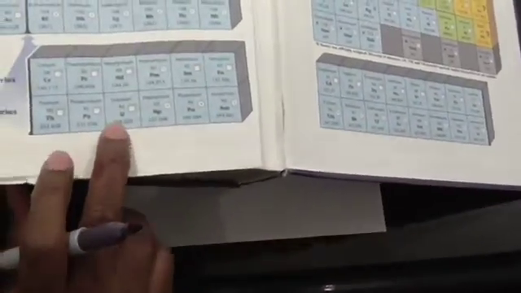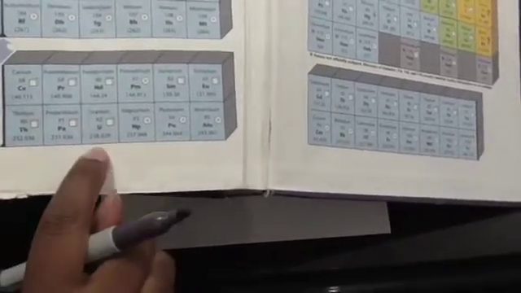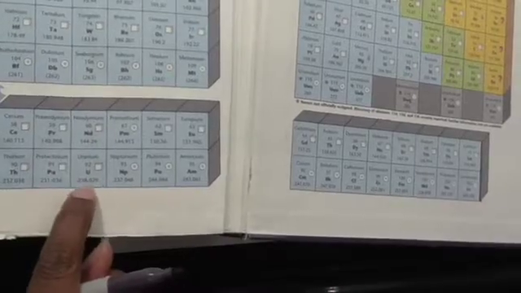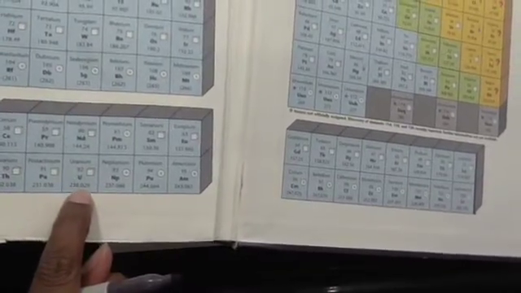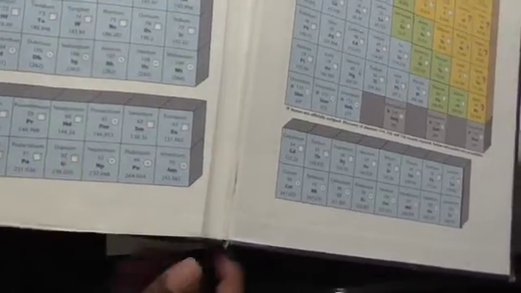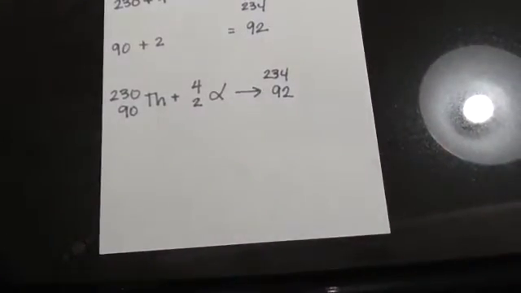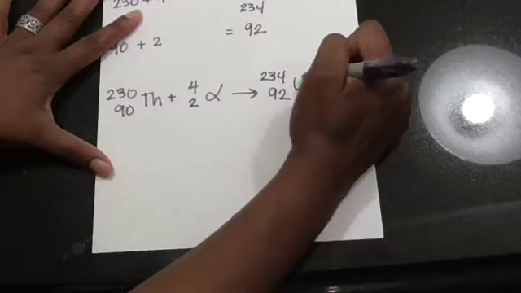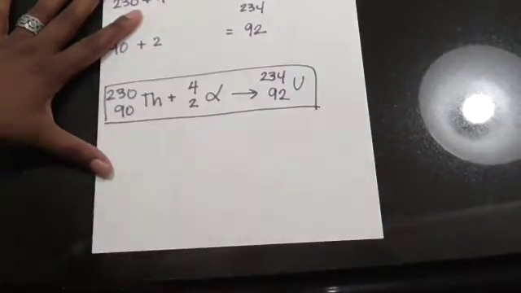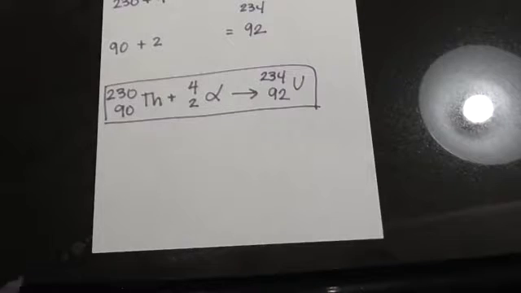So 92 is uranium right there. Do not focus on the mass number, or rather the average atomic mass, since this has the decimals. That is not what has to match. What has to match is that whole number, the number of protons. Remember, protons determine the identity of the element. And we're done.